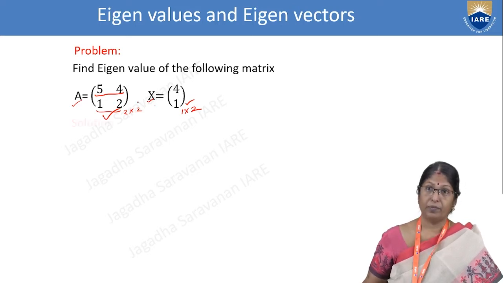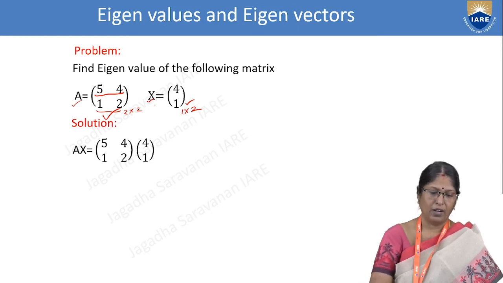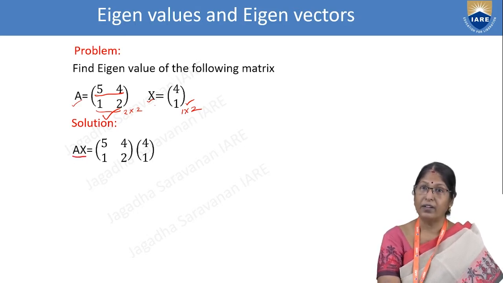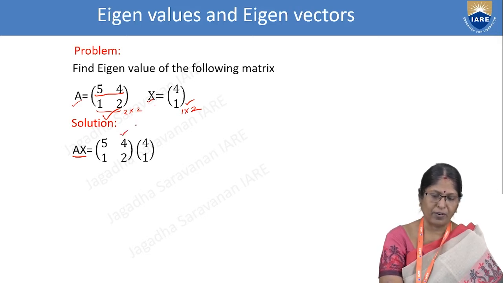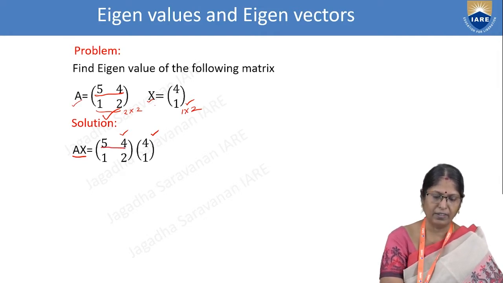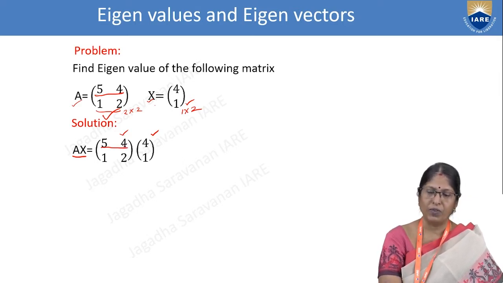Solution. So, AX, because from the definition we know AX equal to lambda X. First we will find AX. The A matrix is written, X is written. We have to do the multiplication. We take the first row of the first matrix and multiply it by the column of the second matrix.